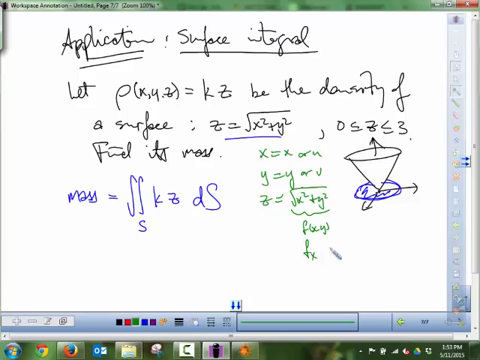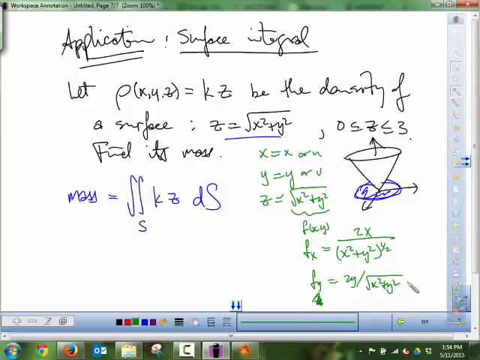So fx is the derivative with respect to x, so it's x squared plus y squared raised to the negative 1/2 power, in the denominator, times the derivative of the inside, which is 2x. So fy is going to be 2y divided by the square root of x squared plus y squared.